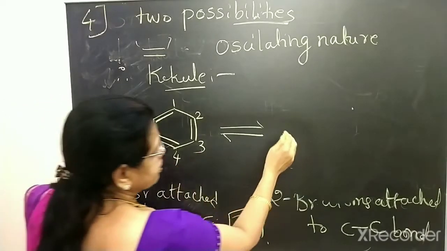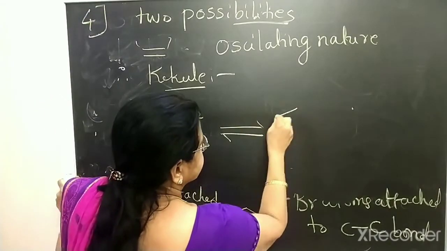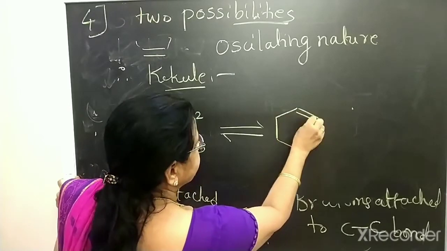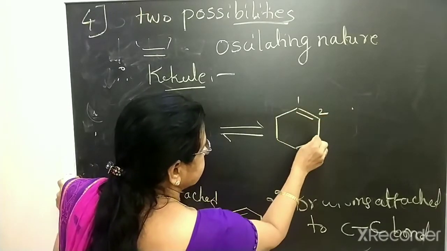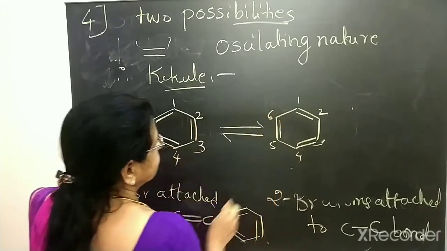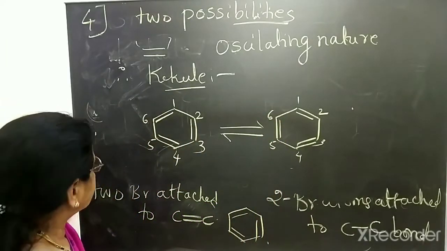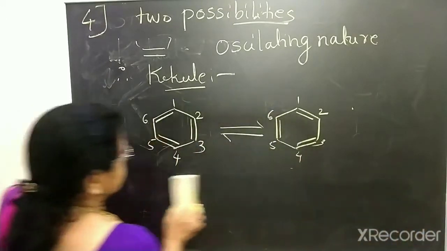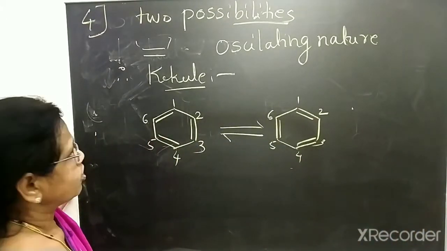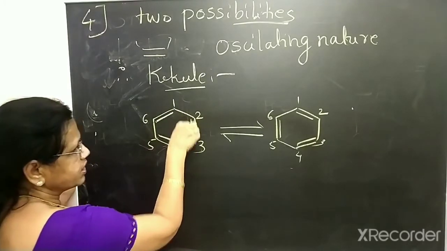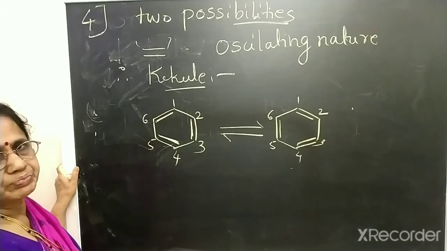In the other structure, the double bonds are between carbons 1, 2, 3, 4 and 5, 6. So Kekule gave two oscillating structures for benzene in which the pi electrons have an oscillating nature.